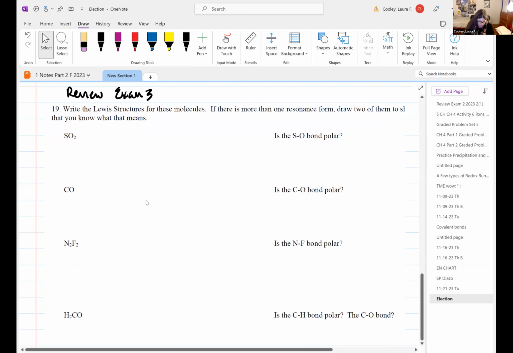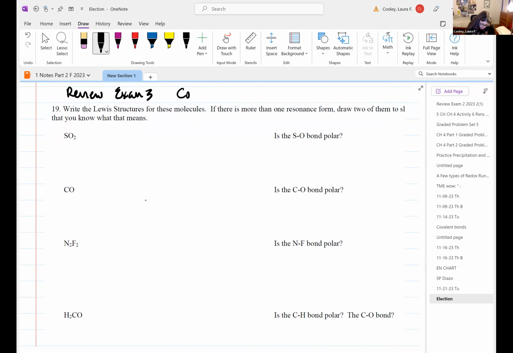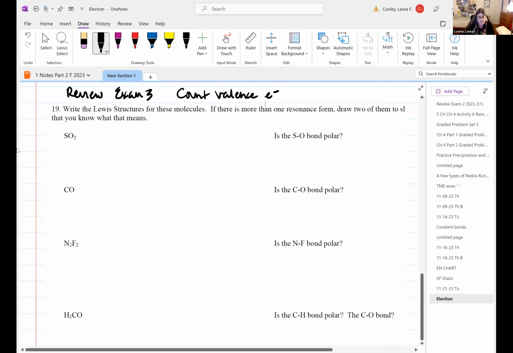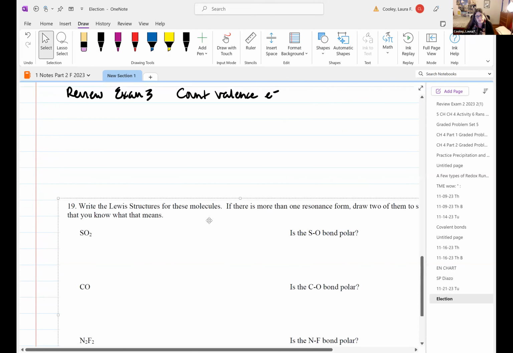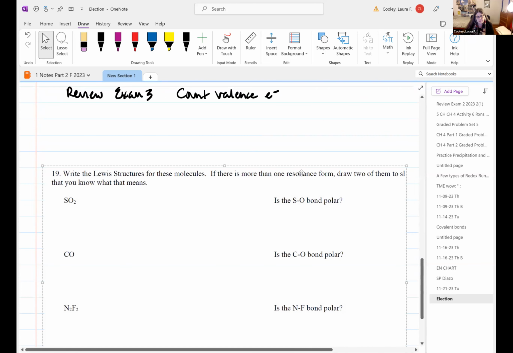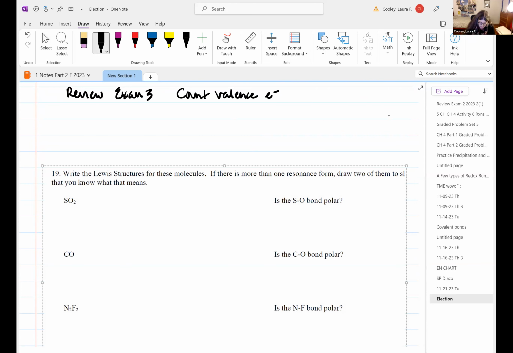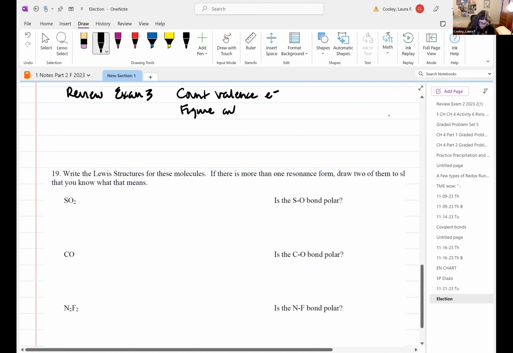So remember the rules we use here, right? We count valence electrons. That's the first thing you do. What's the second thing you do? Electronegativity. Right, you figure out which atom is in the middle.